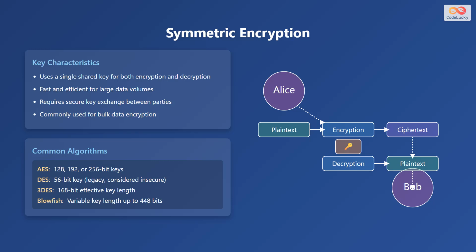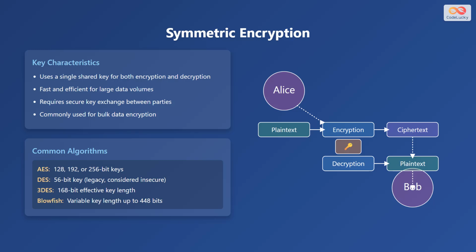Common algorithms used in symmetric encryption include AES with 128, 192, or 256-bit keys, Data Encryption Standard with a 56-bit key, which is a legacy algorithm and considered insecure, Triple Data Encryption Standard with a 168-bit effective key length, and Blowfish with variable key length up to 448 bits.